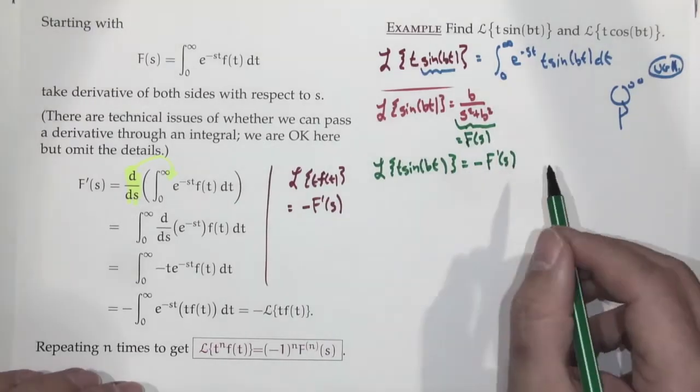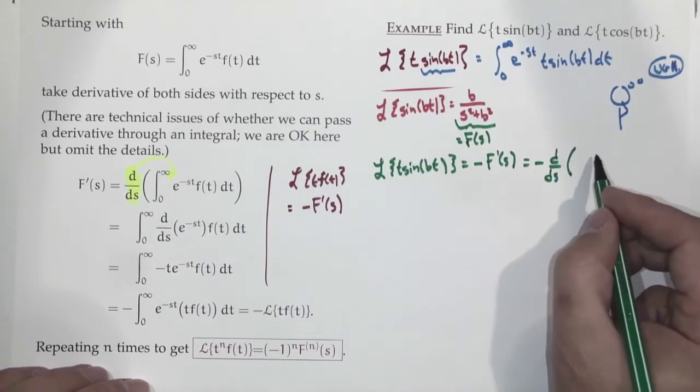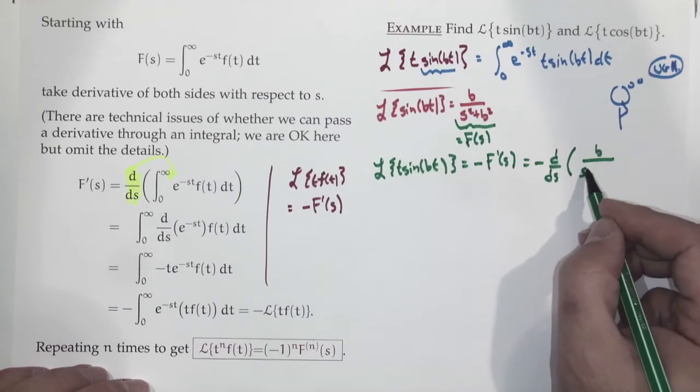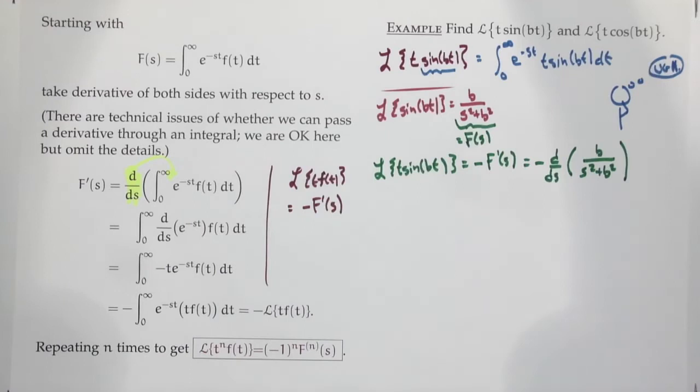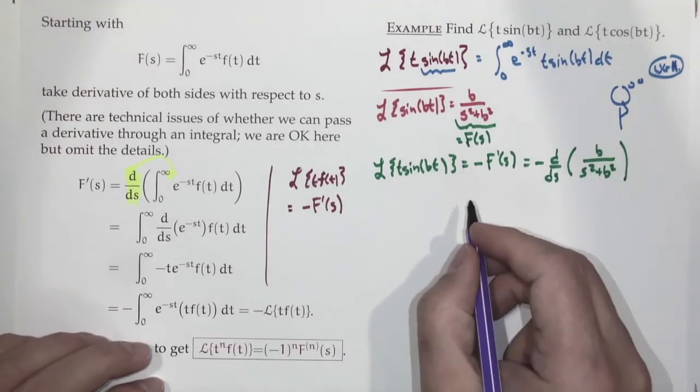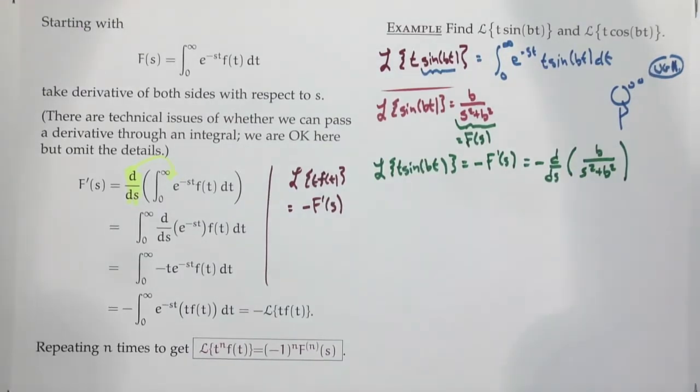So really, we can say that's minus, we'll write it out explicitly here, the derivative of b over s squared plus b squared. Well, how do we take this derivative? Ooh, a quotient rule. Okay, we can do a quotient rule.